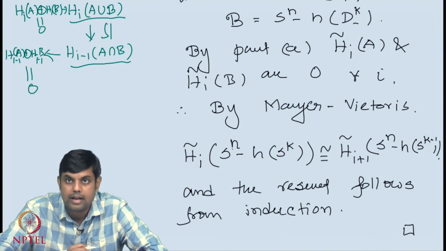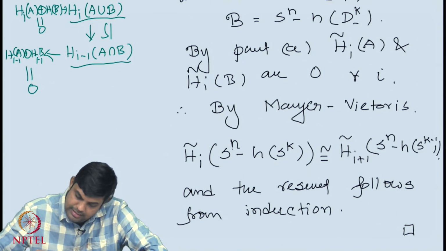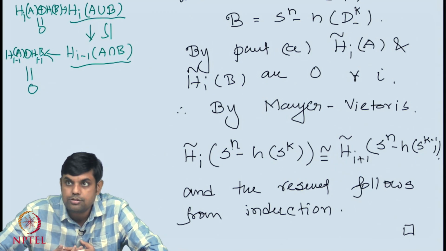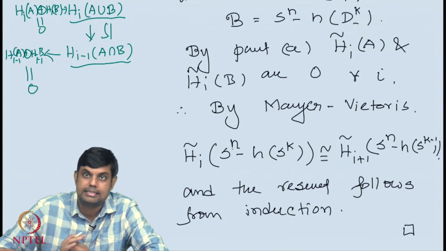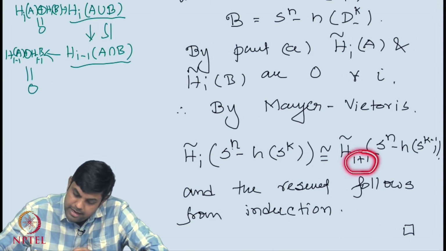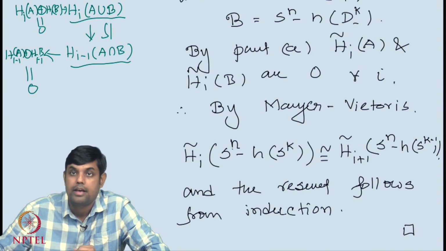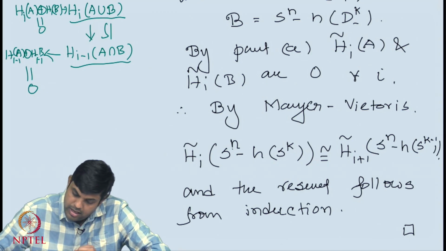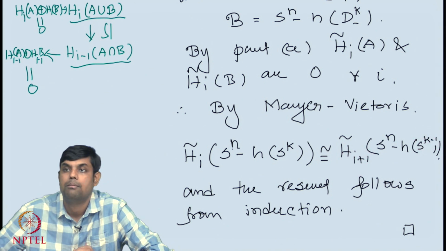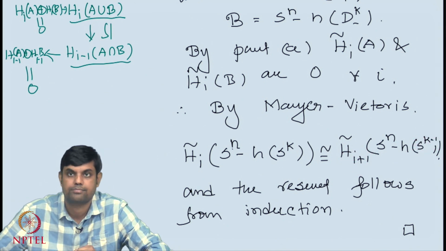Okay. Now, in the induction step, we have assumed that this object has homology isomorphic to Z whenever this I plus 1 is n minus k minus 1. Everywhere else it is 0. In particular, here if I put plus 1 extra and I get minus 1 extra, this summation is not changing. Okay.